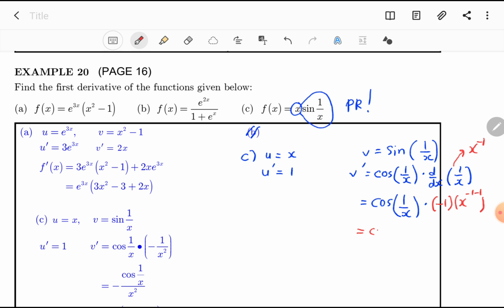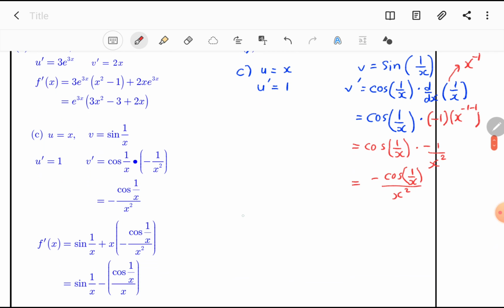So we have cos 1 over x times negative 1 over x squared. And the final answer is negative cos 1 over x divided by x squared. So this is your v prime.